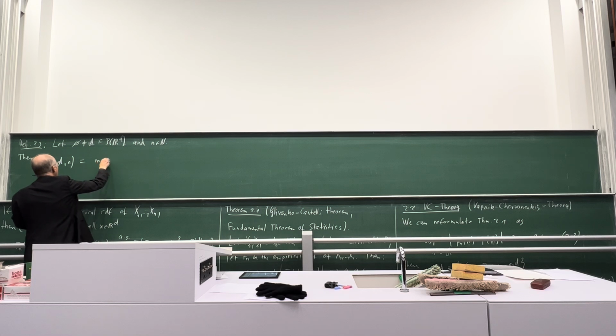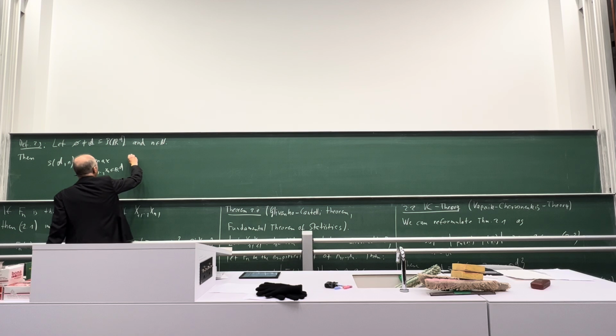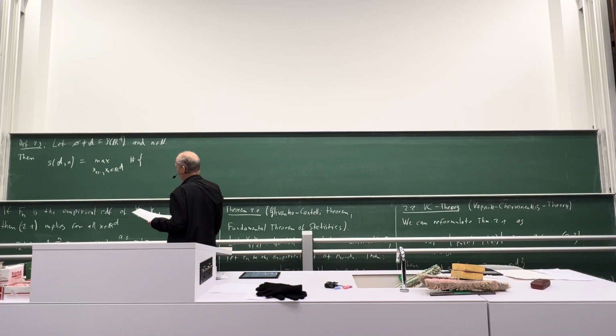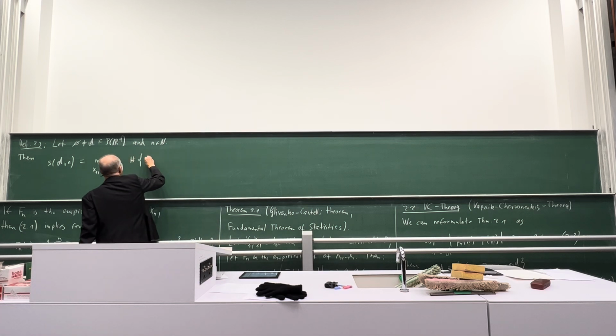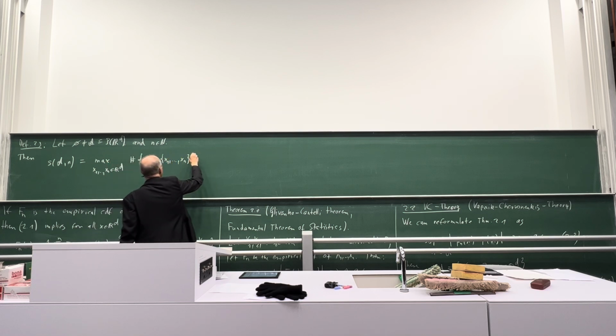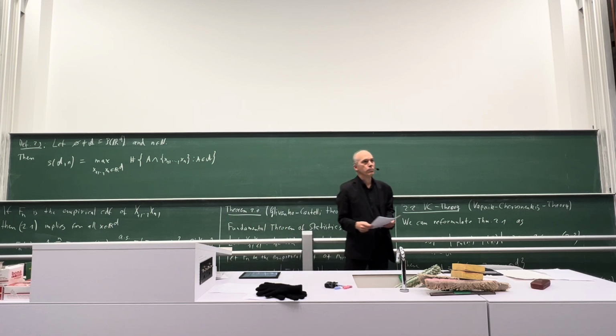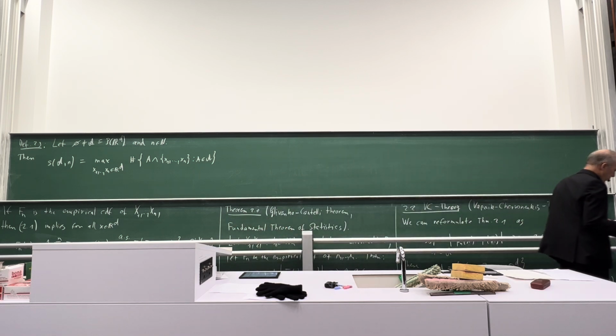So I take a maximum over all x1 to xn in RD, and I look at the number of sets in the following set, which I construct by intersecting sets of calligraphic A with my x1 to xn. That's the quantity we look at.